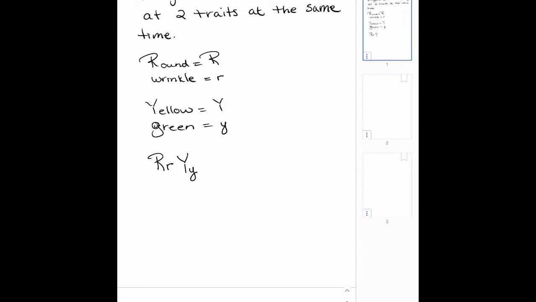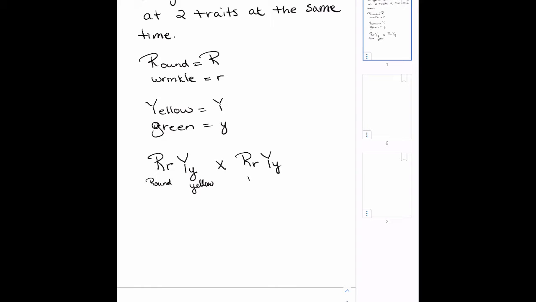Let's set up a cross. He had round yellow peas, both of them hybrids, crossed with round yellow peas. Okay, so how are we going to set this up? First off, the phenotype here is round, and the phenotype here is yellow.